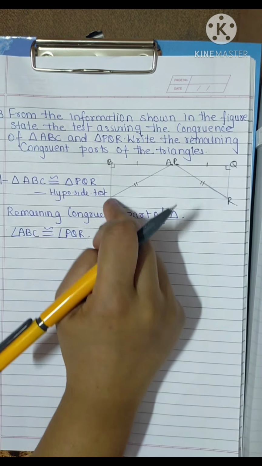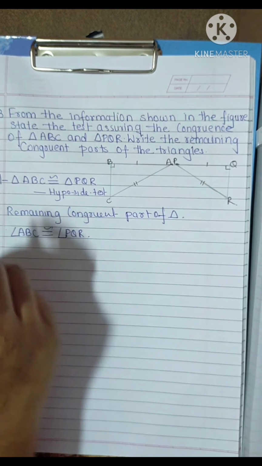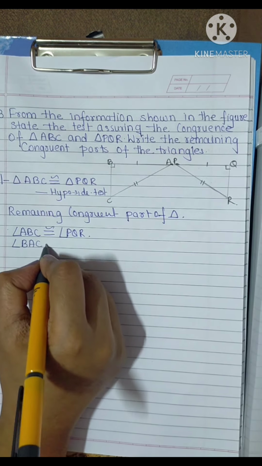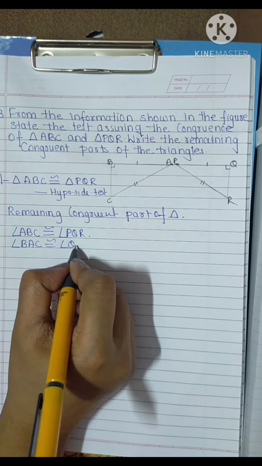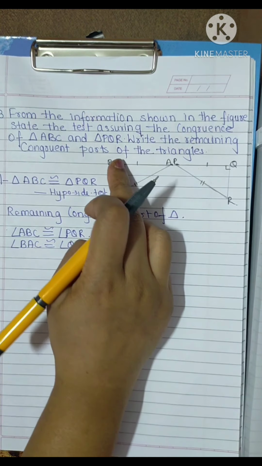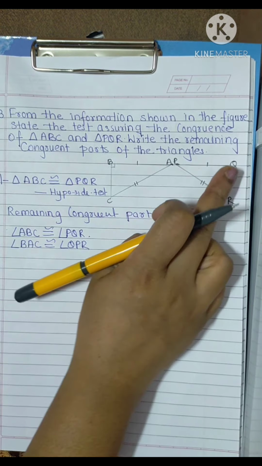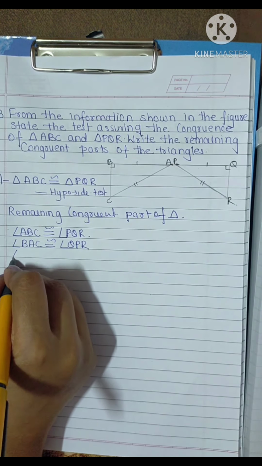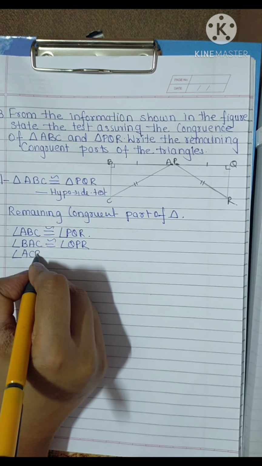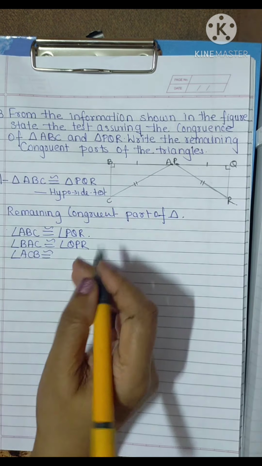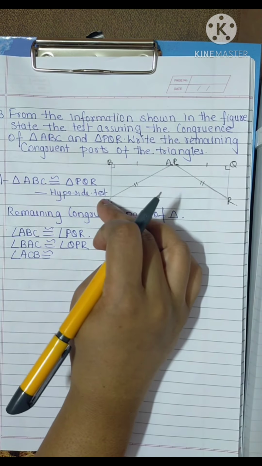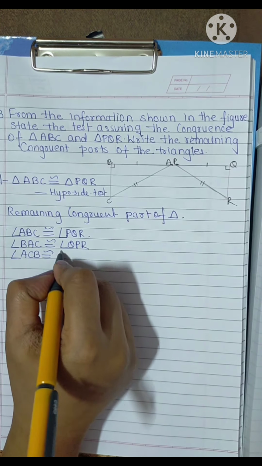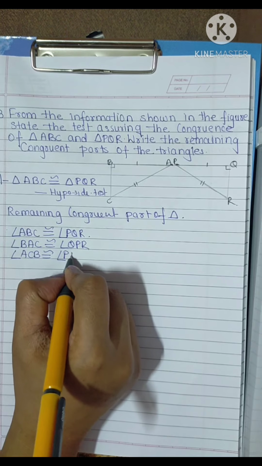Again, angle BAC is congruent to angle QPR. Again, angle ACB is congruent to angle PRQ.